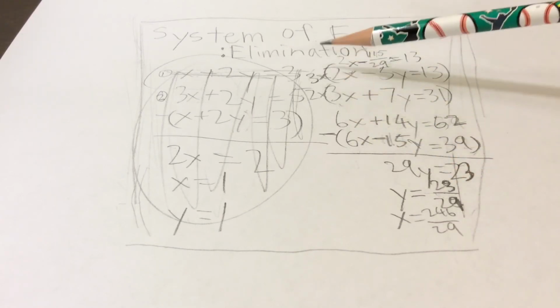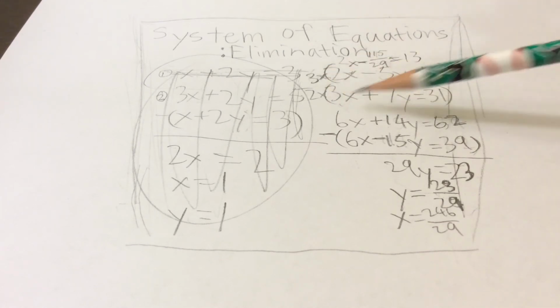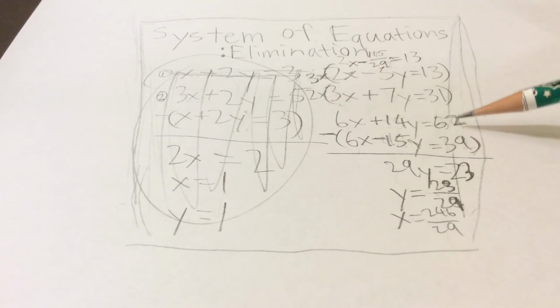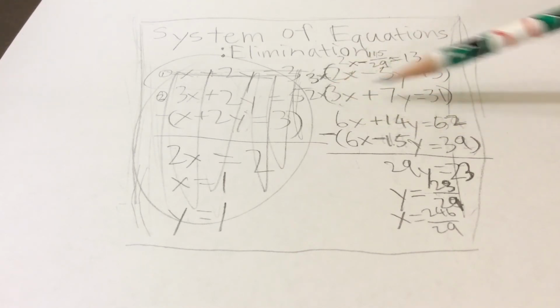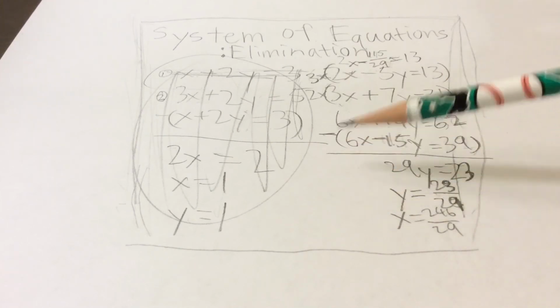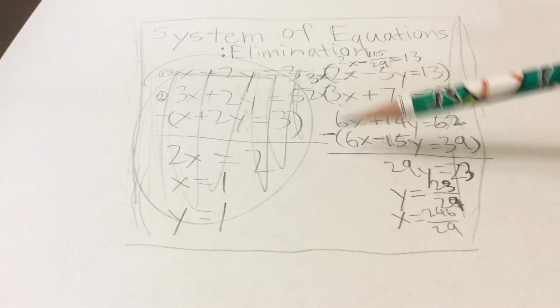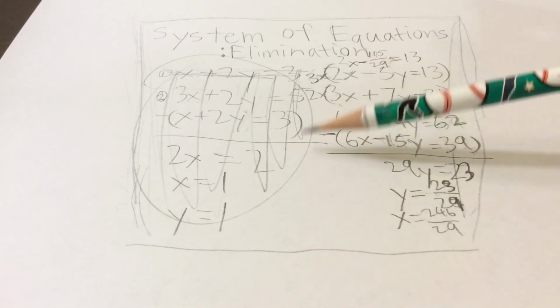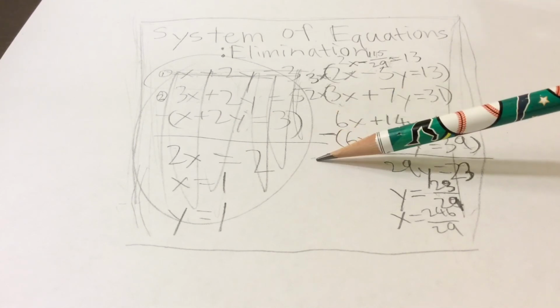Like I did here with this times 3 and this times 2. And remember, you have to multiply the entire equation. So you can't just multiply this and leave the rest alone. You can't do that. So yeah, this is how you solve a system of equations with elimination. There are other ways to solve it too, but in this video, I am just going to talk about elimination.